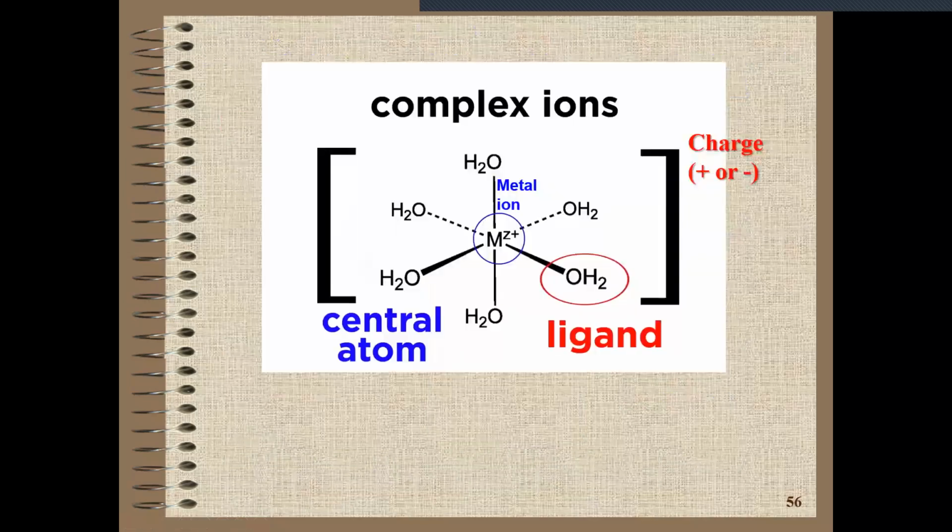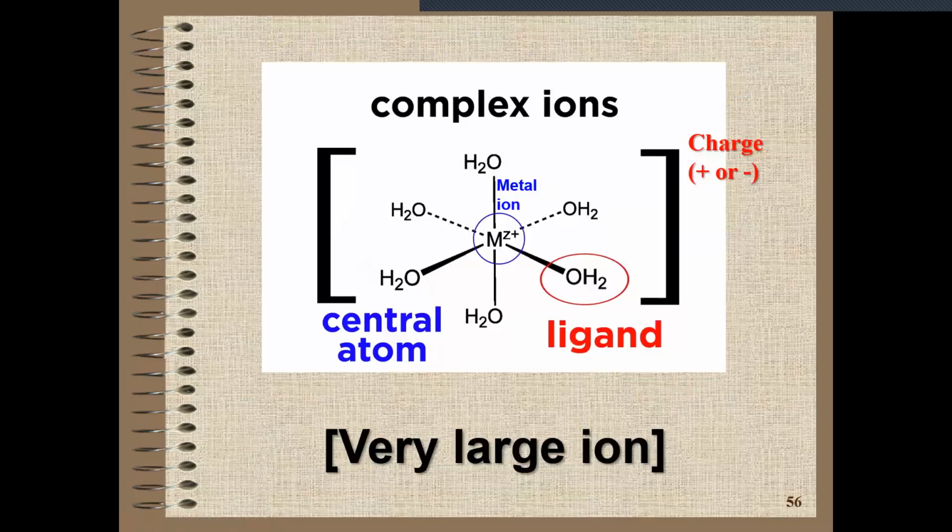Okay, so that's another example. It's called a complex ion because it's a very large ion. It's complex. It has a charge, positive or negative overall. You have a central atom, and then you have substances that are attached to it. In this case, it's H2O in every case.